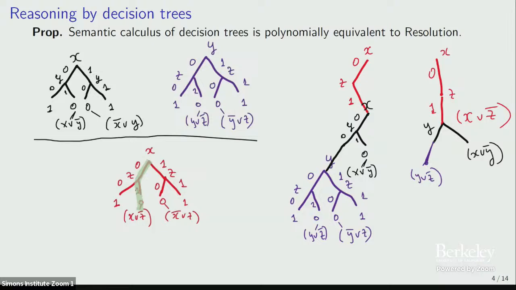But if we consider, instead of decision trees, for example, an advanced branching program, this reasoning does not work, because each leaf will correspond to many clauses, and we will not get a polynomial size resolution refutation.